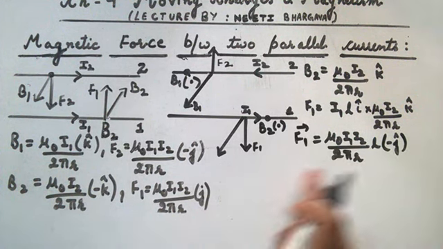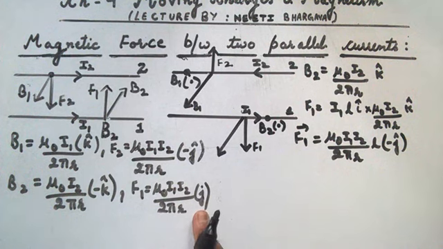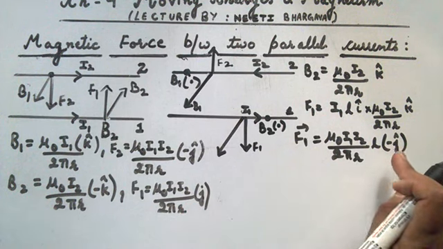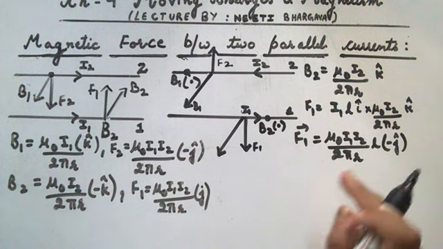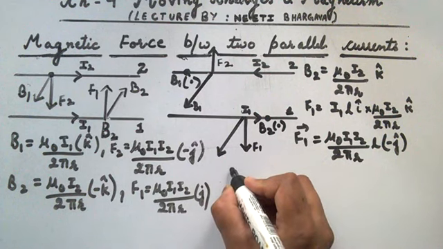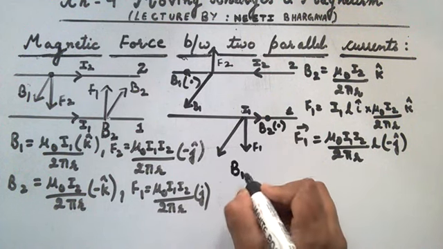Now we can see that this is just opposite to the previous case. Here it is along negative y-axis. Now let's see for magnetic field B1.